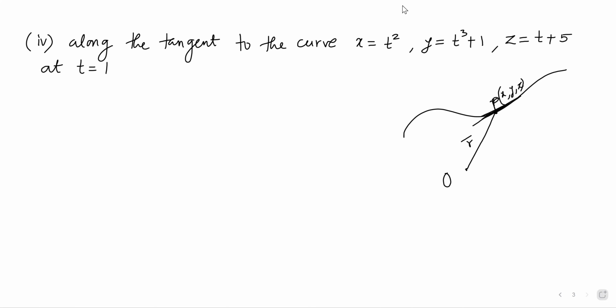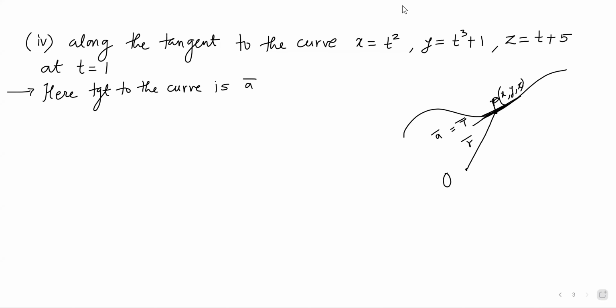This tangent T bar is nothing but your A bar. Correct? Tangent T bar in this case is your A bar. So here the tangent to the curve is A bar.